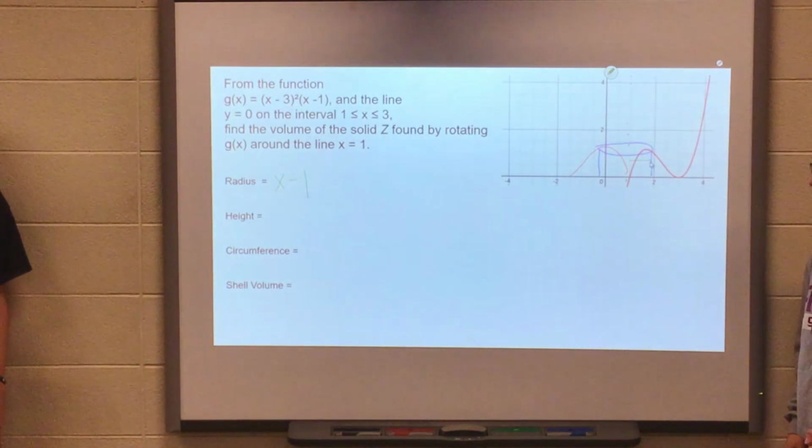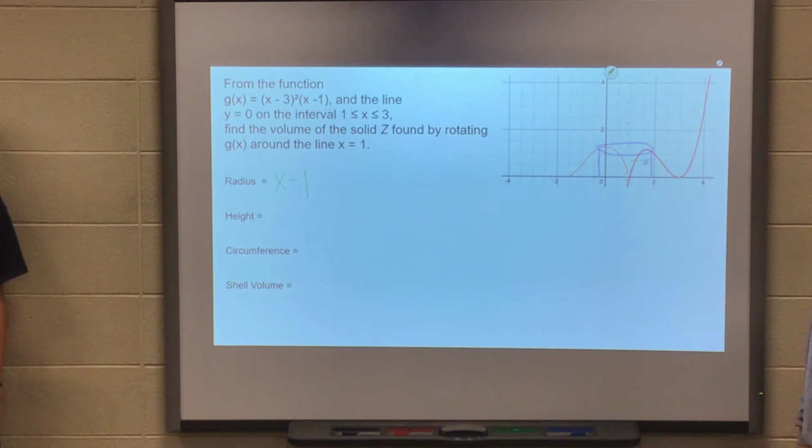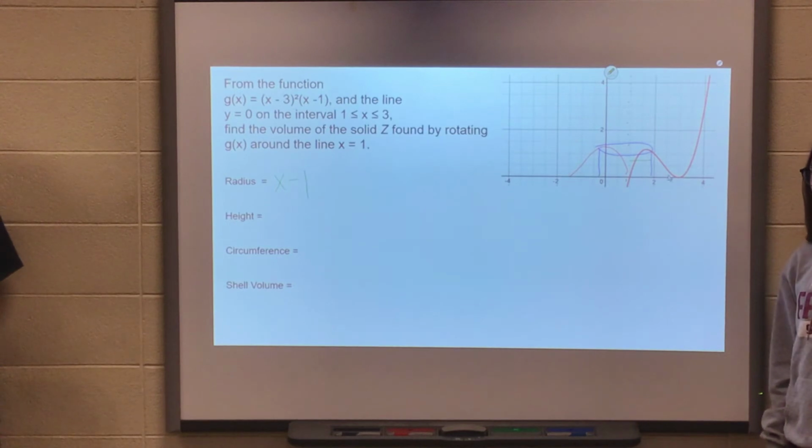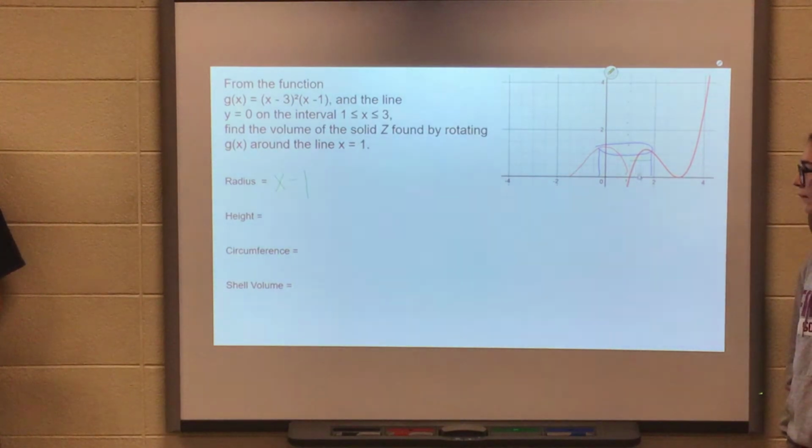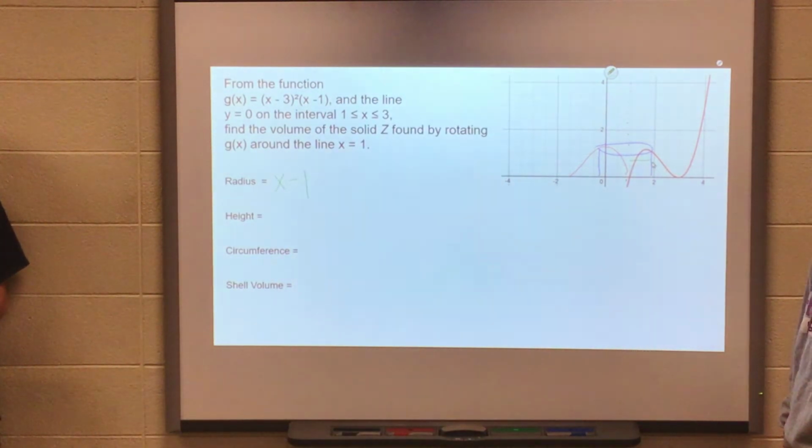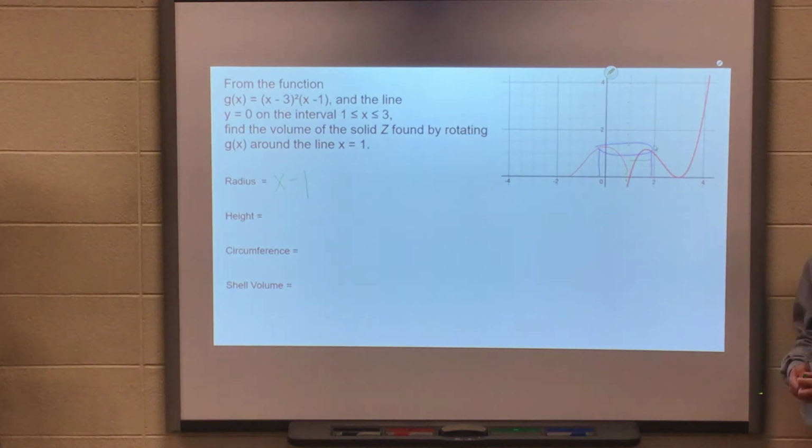So to find that distance, you just took big minus little, right? Yeah. Big is x, little is 1. So big minus little, that radius is gonna be x minus 1. Because we don't know what that x value is. Could be a lot of different things in here. So this is x. The cylinder is always drawn at x, but in this case, it's going back to 1.